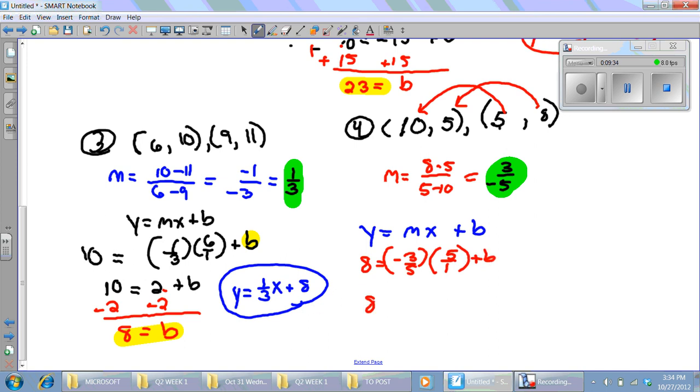So that 8 is going to equal negative 3 plus b. You're wondering how I did that? Think back, till we simplified fractions. These 5's cancel each other out. All right.